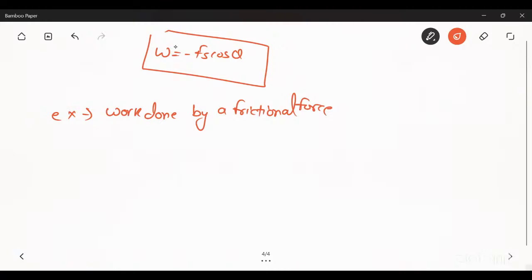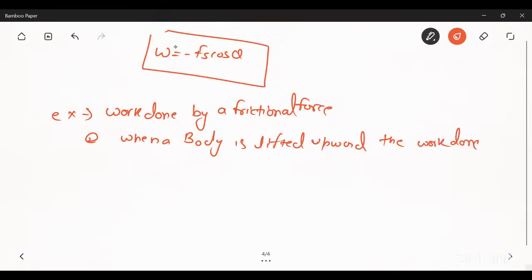And the second example was when a body is lifted upward, the work done by gravity is negative.